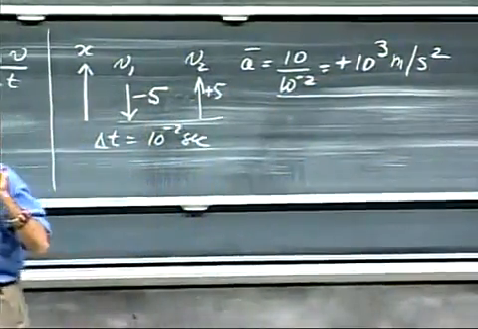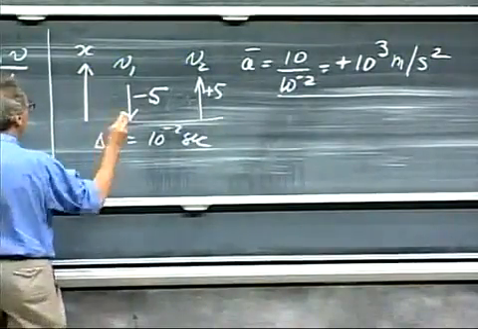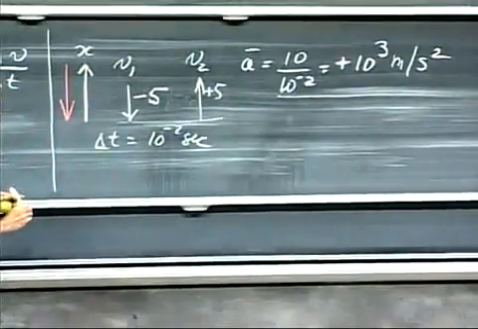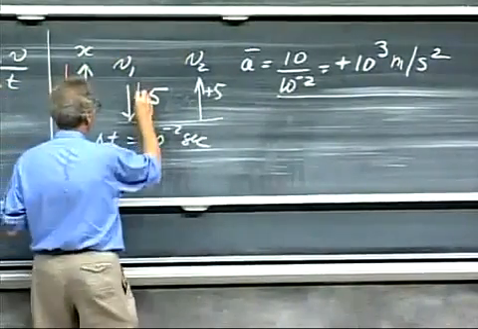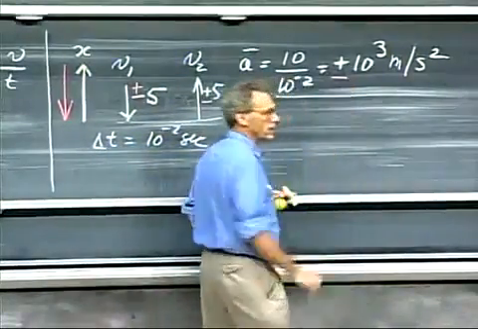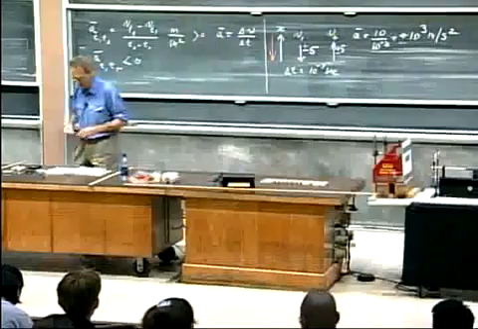I have observed carefully the signs. If now I say, I don't like this, I want to call this the direction of increasing x, no big deal. This would become a plus, this would become a minus, and then the acceleration is minus 1,000 meters per second squared.